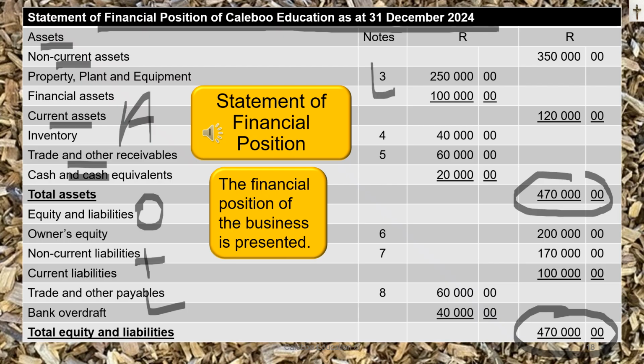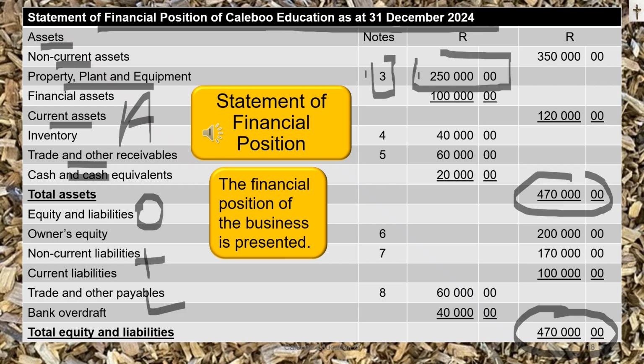The details of, for example, property, plant and equipment is shown in a note, how that figure was derived. Most probably it's the book value of your non-current assets, so land and buildings, equipment, vehicles, machinery.